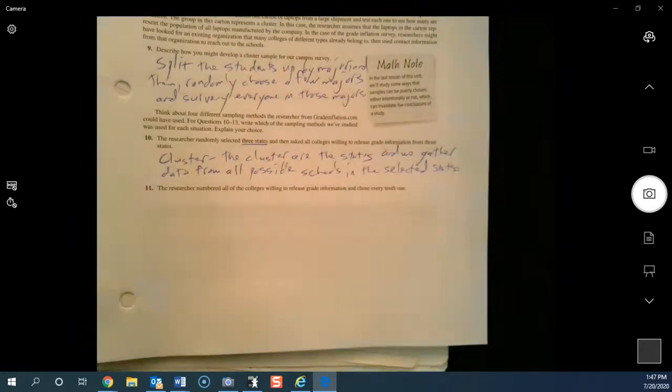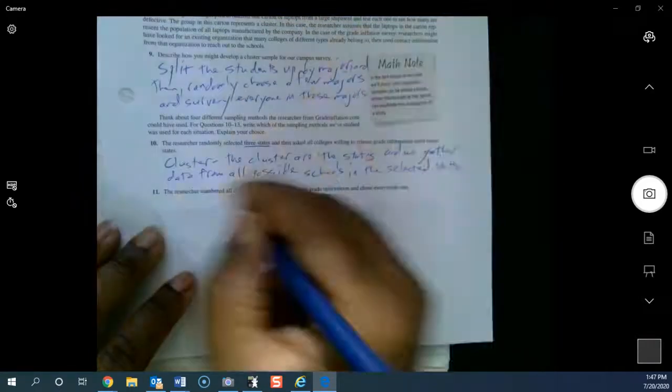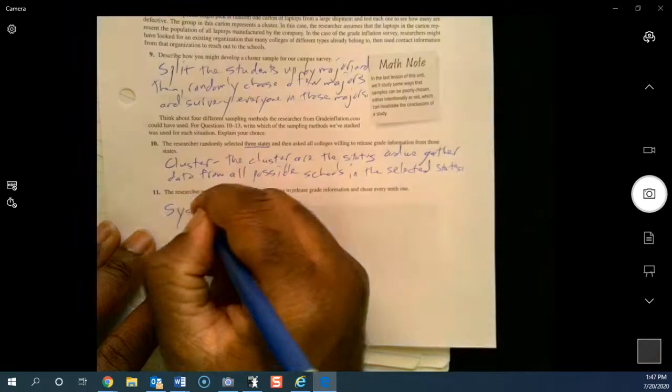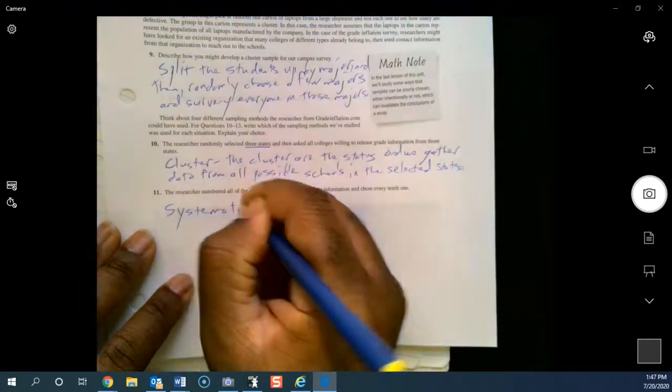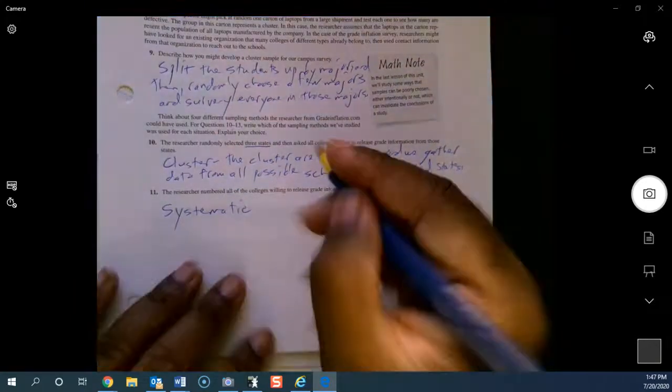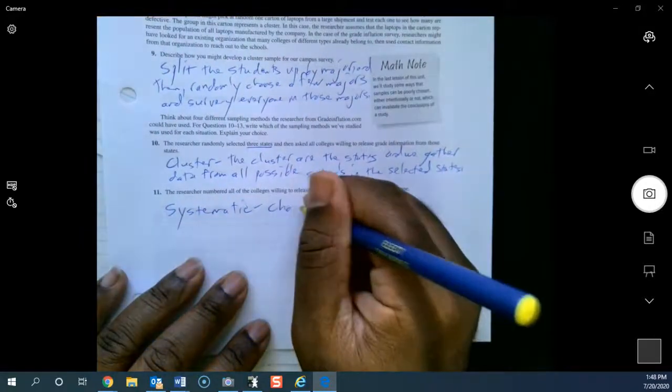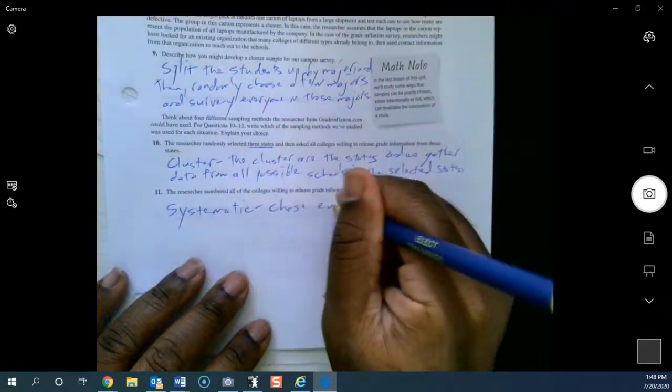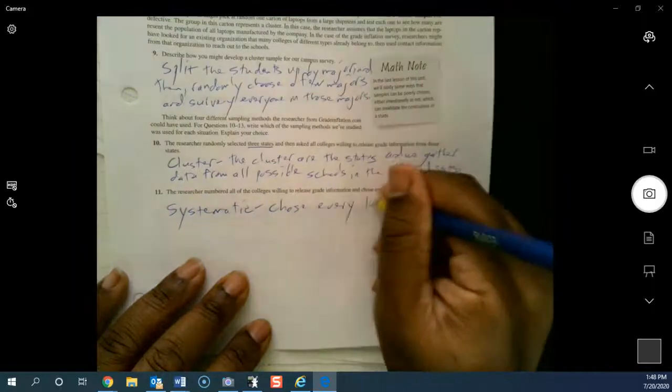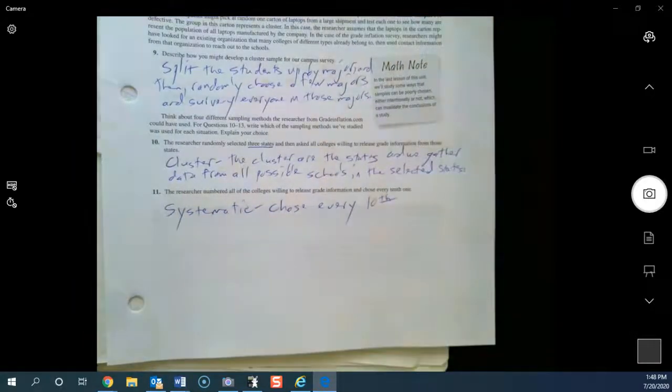Number 11, the researcher numbered all of the colleges willing to release grade information and chose every 10th one. Now we know that's systematic. So we chose every 10th. All right. Now we go here to problem 12.